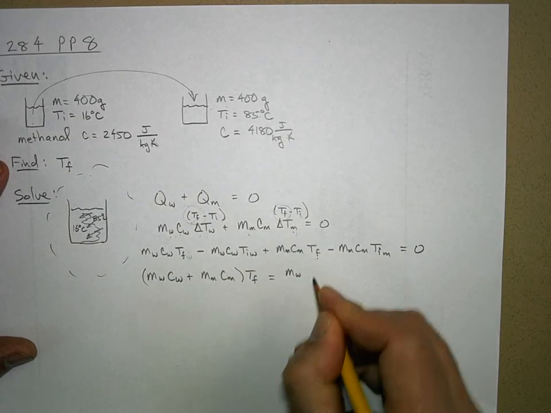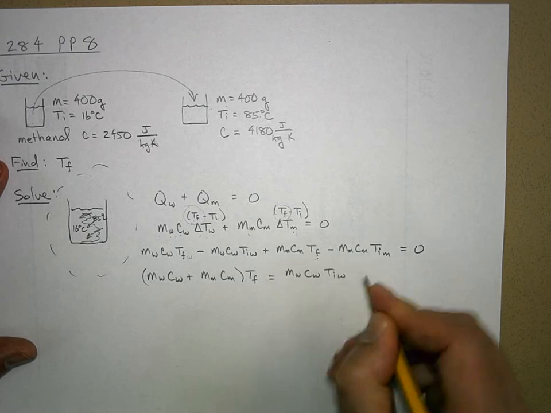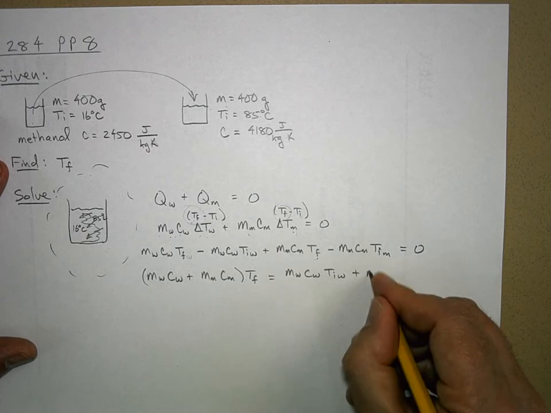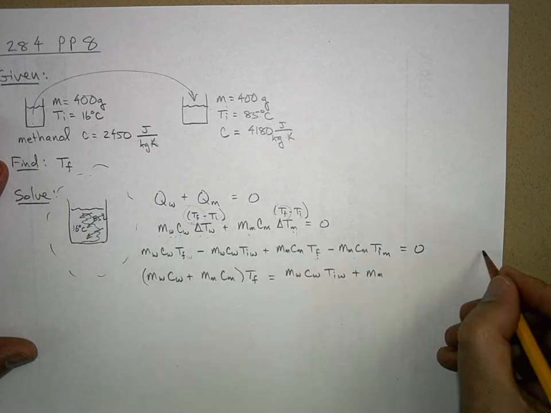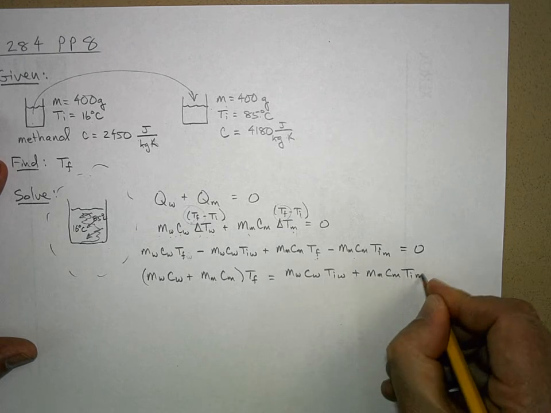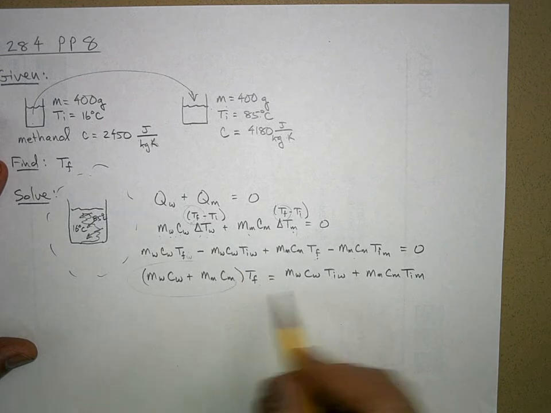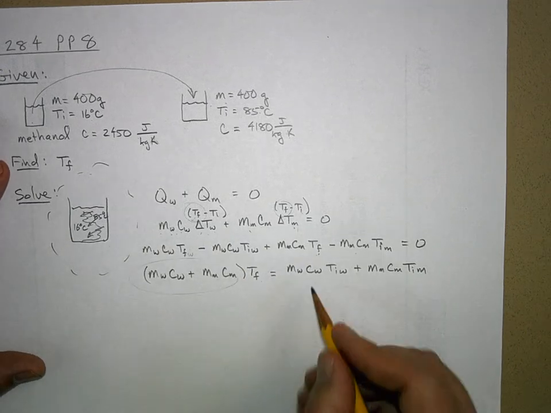The mass of the water, specific heat of the water times the initial temperature of the water plus the mass of the methanol, specific heat of the methanol times the initial temperature of the methanol. Then I'm going to divide by this. So rather than write out the whole thing again, I'll just do this.